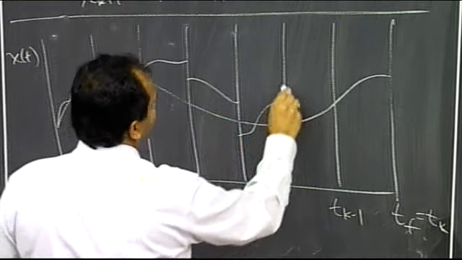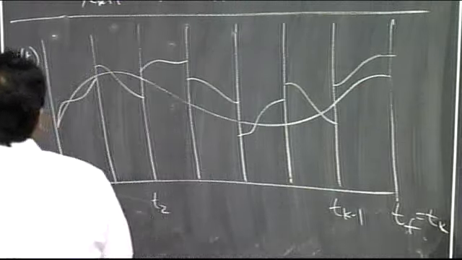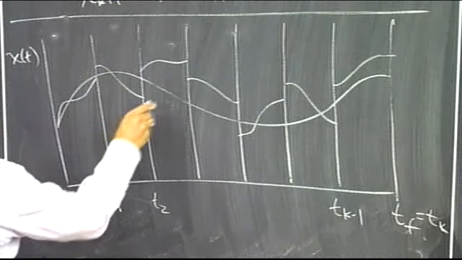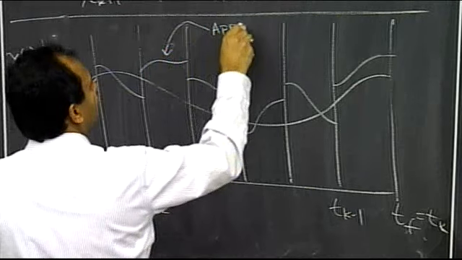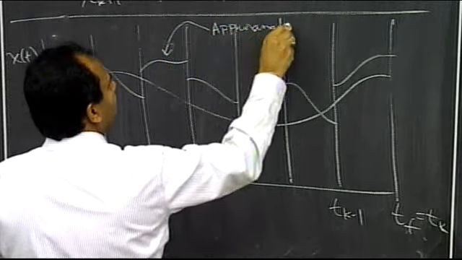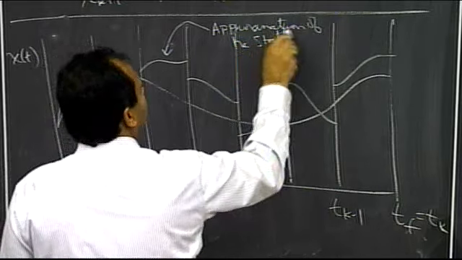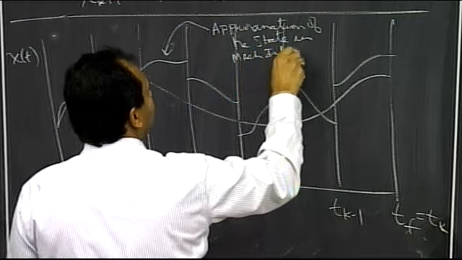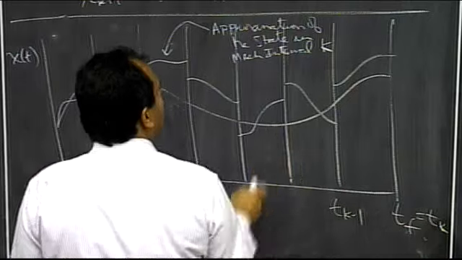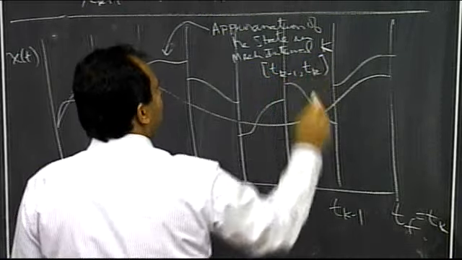And I'm drawing this in a hokey way on purpose. Let's just take this one right here. This is the approximation of the state in mesh interval k, where this goes from t sub k minus 1 to t sub k.